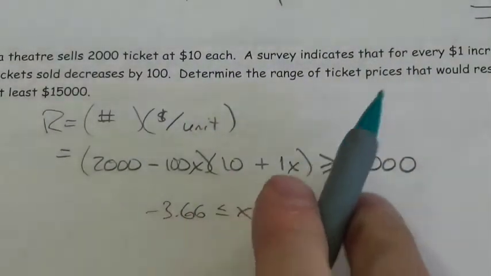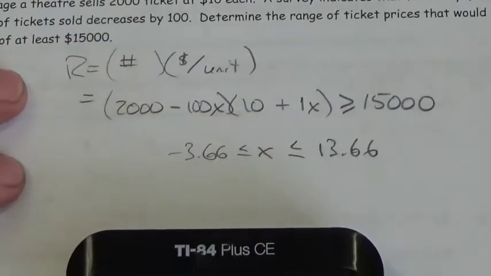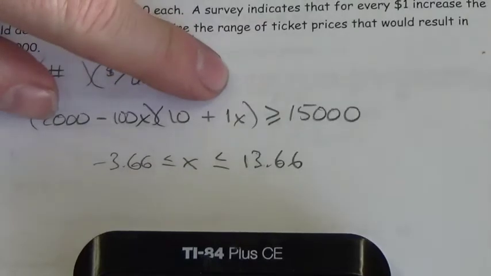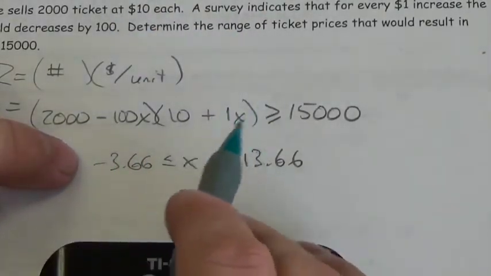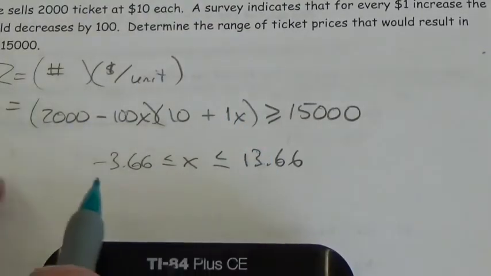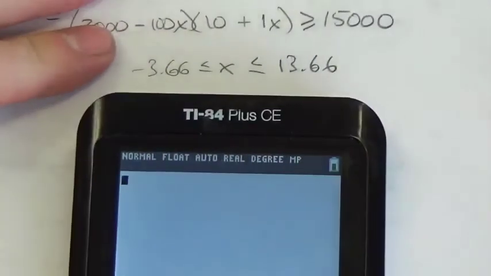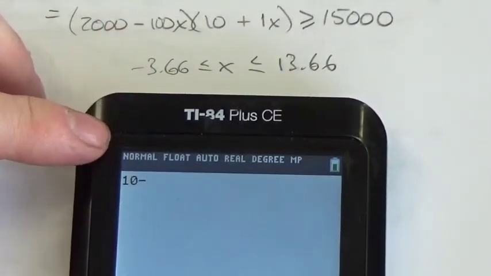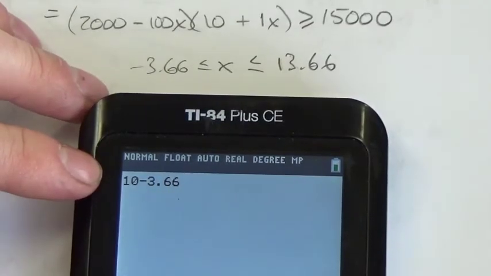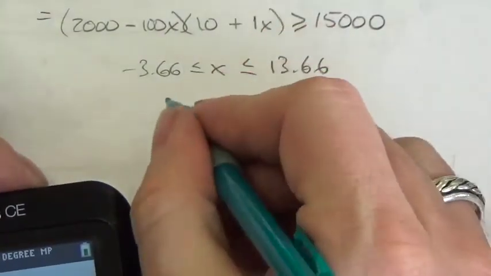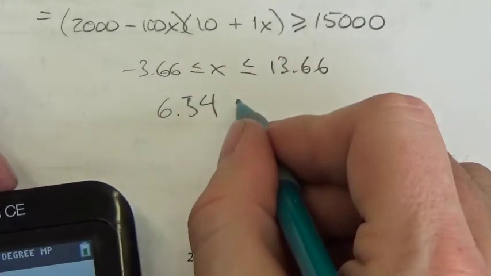So determine the range of ticket prices that would result in a revenue of at least 15,000. Okay, so we are increasing. If we let our number of increases become negative, essentially what we're doing here is $10 minus 3.66, so from $6.34, we're going to get 15,000.